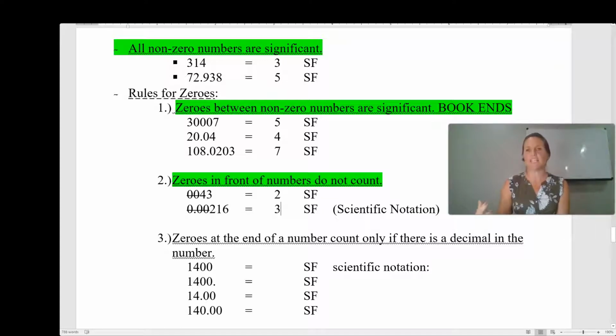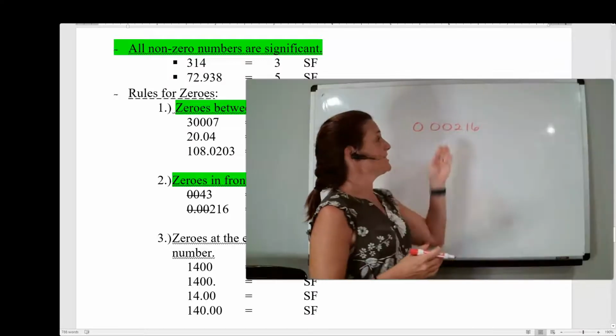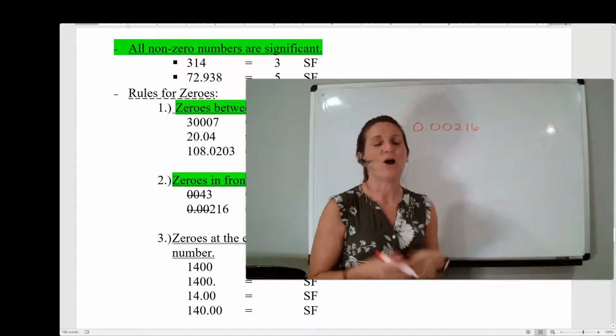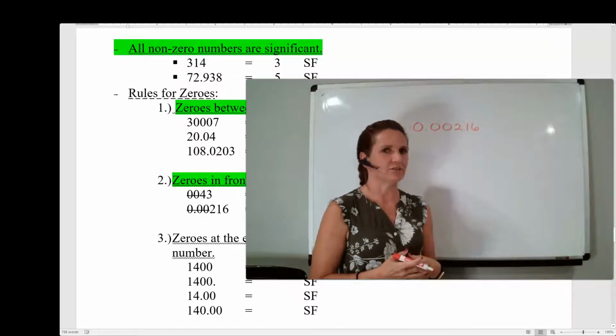So this is a good time to start thinking about scientific notation. What we're going to do now is look at this number, 0.00216, and start introducing the concept of how scientific notation might help us write a number like this. We want to write that number in scientific notation.